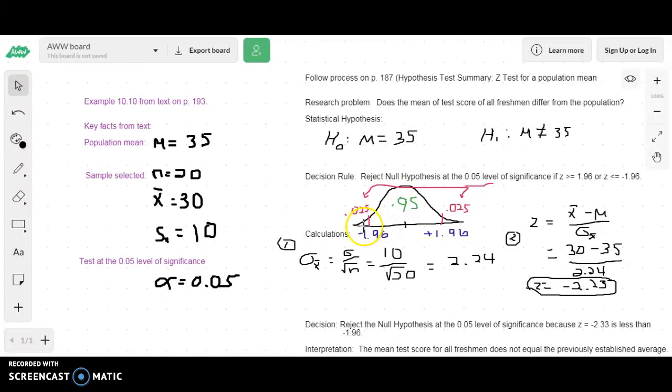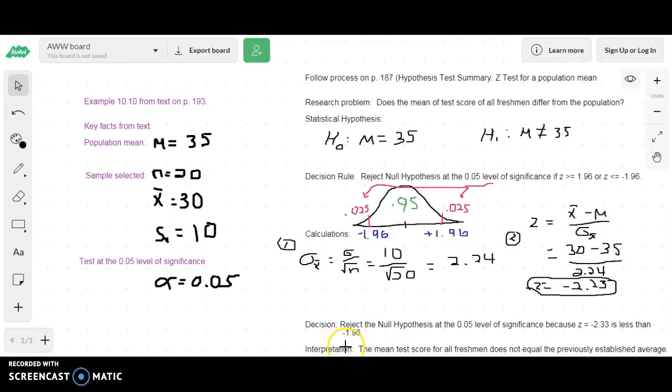We're going to say that we think it's a sample from a population that has a mean significantly different than 35. So our decision is to reject the null hypothesis at the 0.05 level of significance because our z-score from the sample of negative 2.23 is less than the one established by our alpha of negative 1.96.